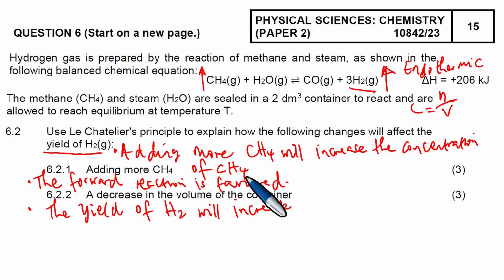Now, we understand that. When we increase the concentration of CH4, it means the forward reaction is favored. If the forward reaction is favored, it means we have more products. More products. Okay.